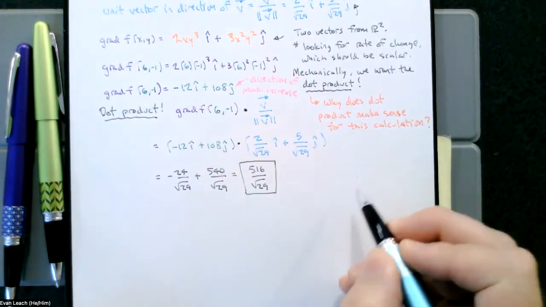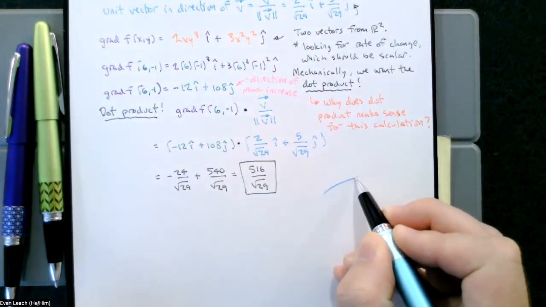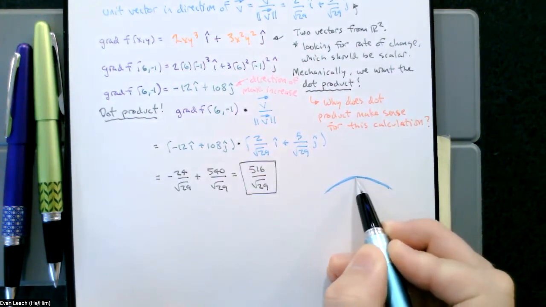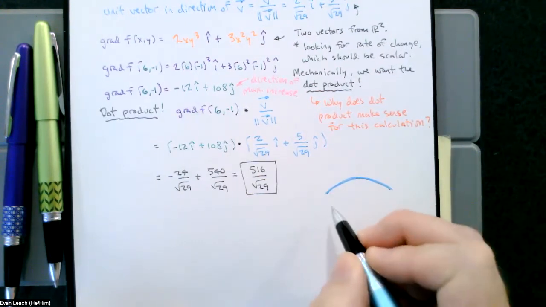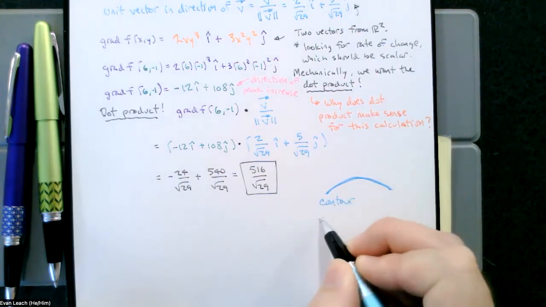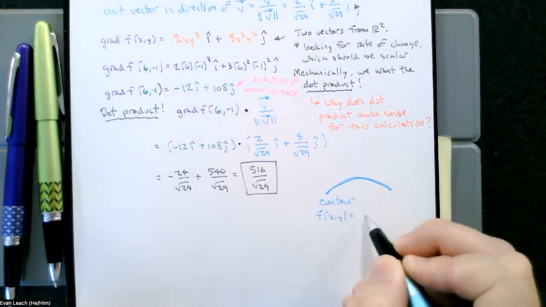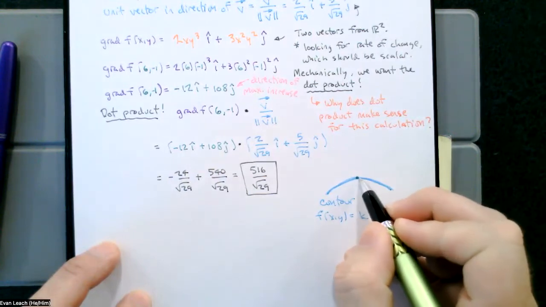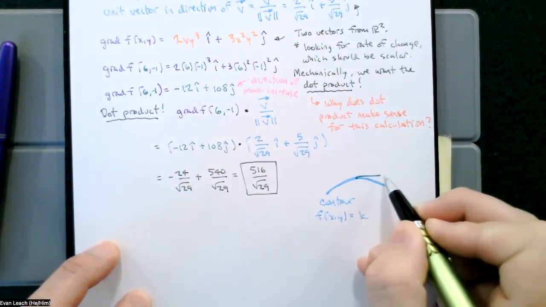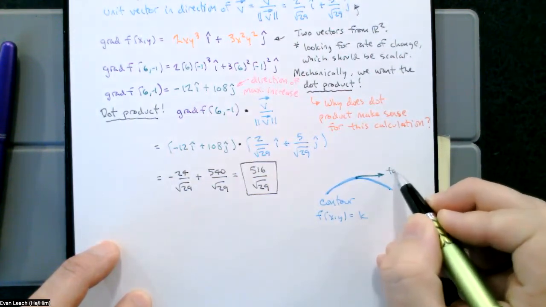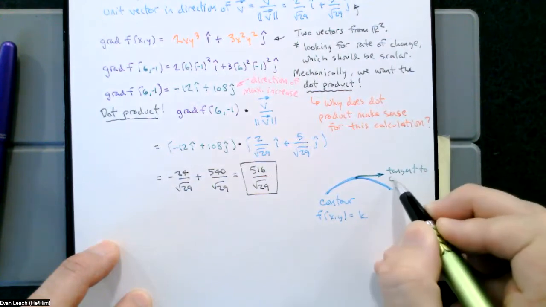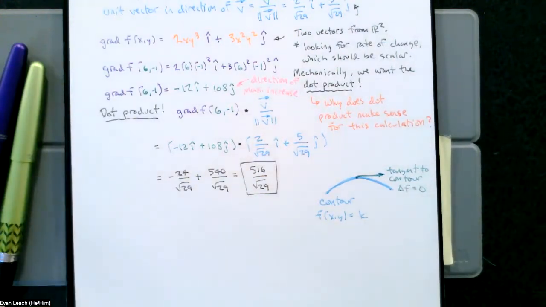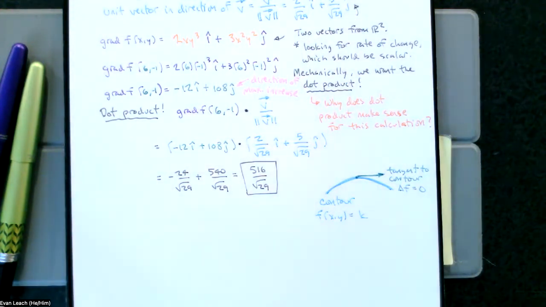If we consider a contour, we think tangent to the contour, that's where the value of the function is constant.